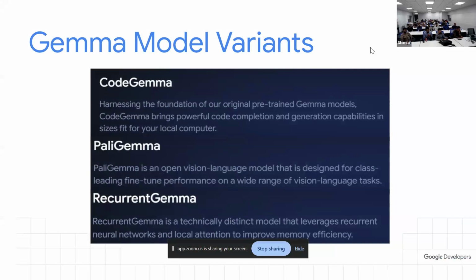And RecurrentGemma is an intensive model that you train for a specific use case. These are the three variations I observed. How many of you have already used Gemma? If you have, how many of you started using CodeGemma?